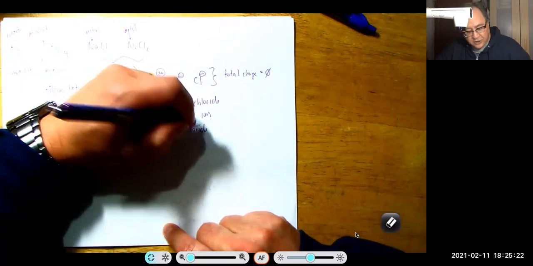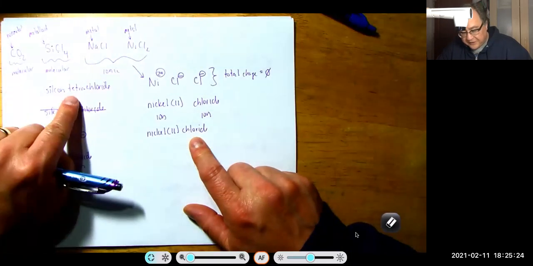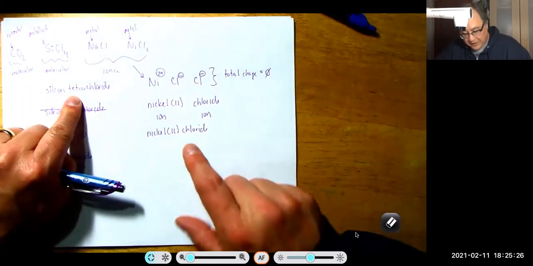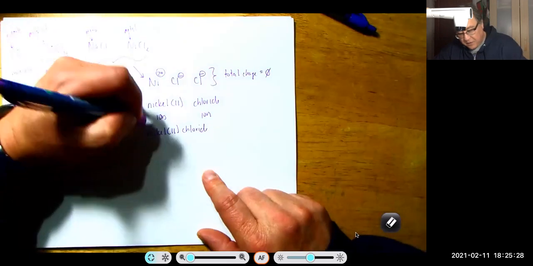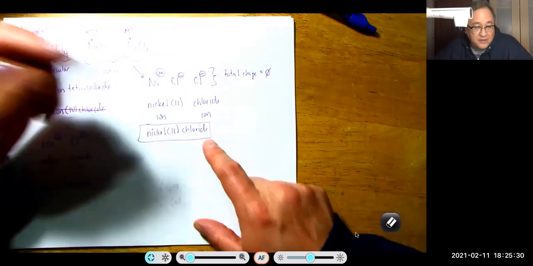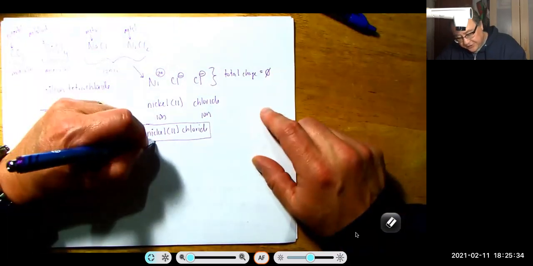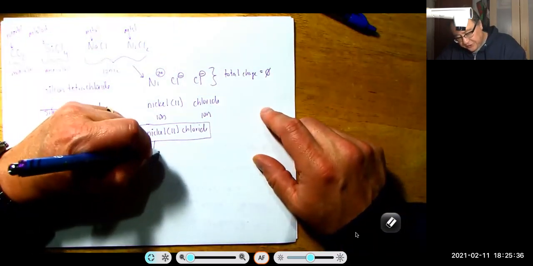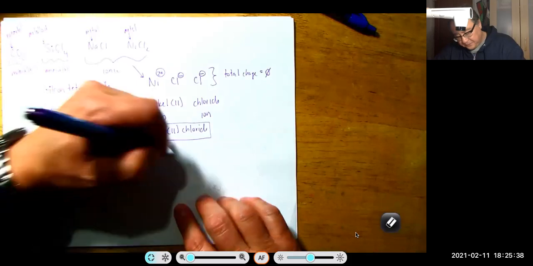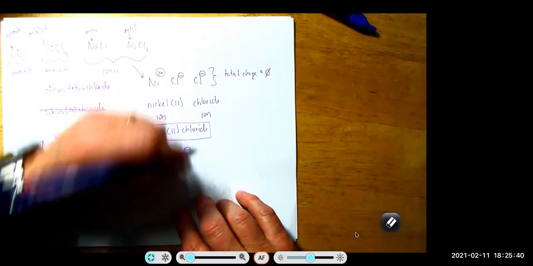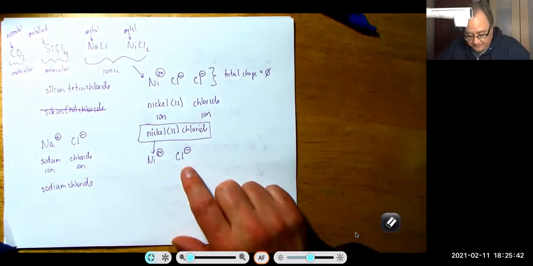And you'll notice I don't use any sort of prefix here for the chlorines. It's just chloride. And you might wonder, well, if I have that name, how am I supposed to know there are 2 chlorides? And the answer is, you know this is nickel +2 because it says so. You know this is chlorine -1 because it's in group 7A.